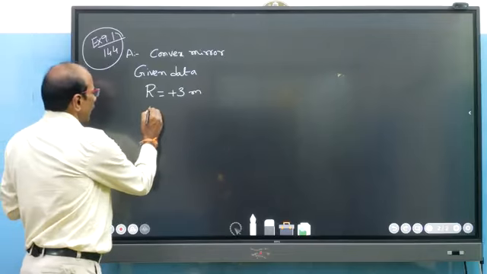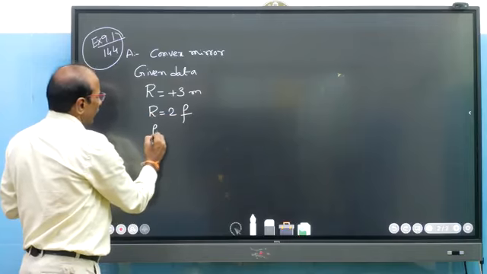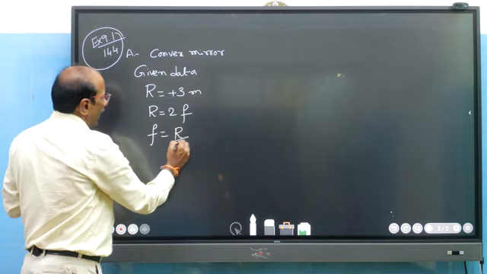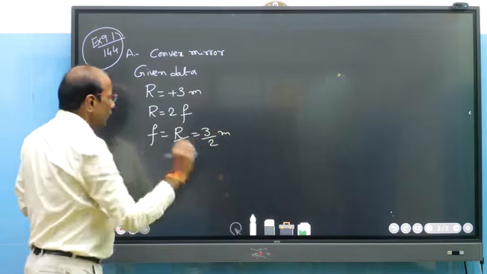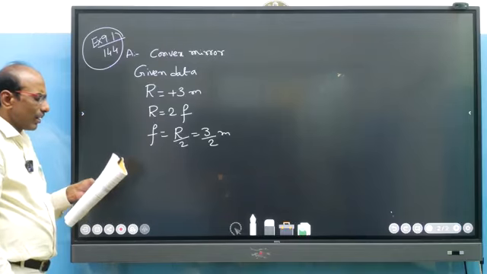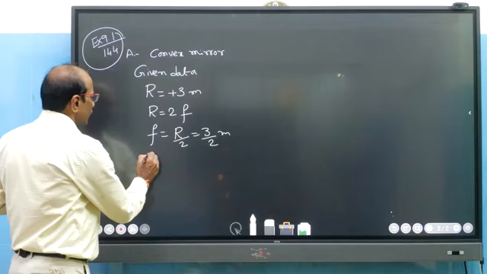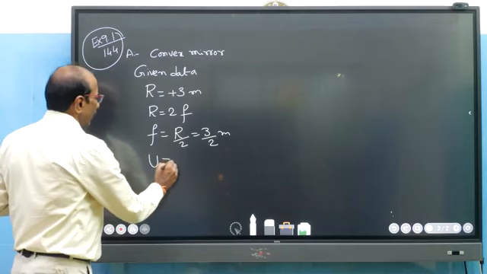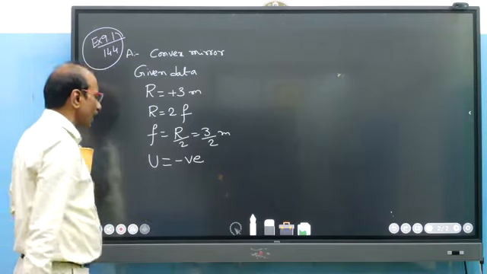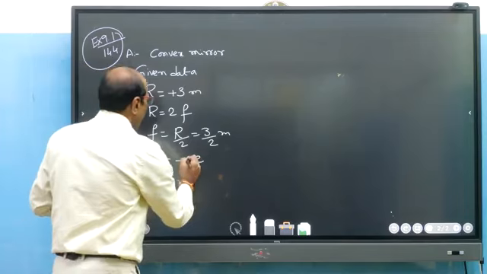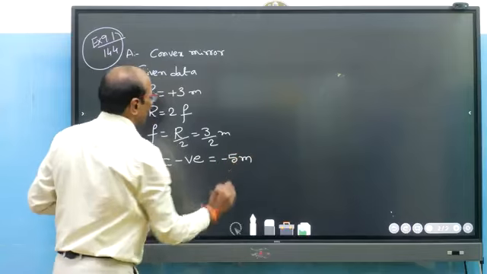You know that R equals 2F. So focal length F equals R by 2 equals 3 by 2 meters. Next, if a bus is located at 5 meter, U equals the object distance. Always object distance is negative from the sign conventions of the mirror. So U is minus 5 meters.